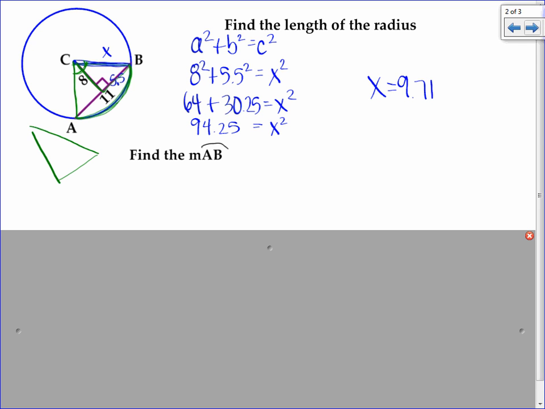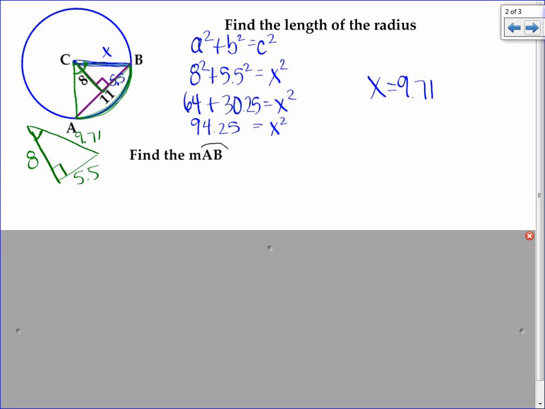This was 8, this was 5.5, and we figured out the hypotenuse was about 9.71. If we found this angle up here, what could we do to this number to get the answer? Yep, we would just double it.